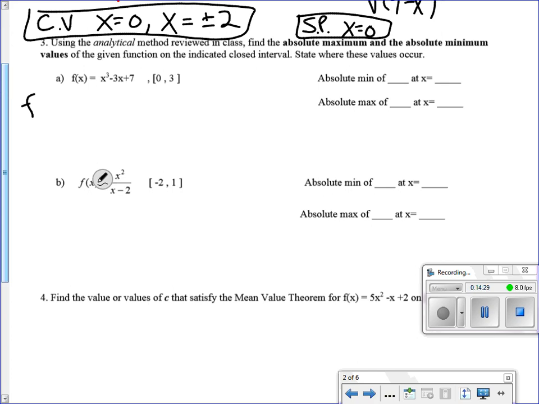We got to get the derivative. Critical values, again, when the derivative doesn't exist, we don't have any of those, or when the derivative is 0. So to find when the derivative is 0, we'll factor. I'll factor out a 3.